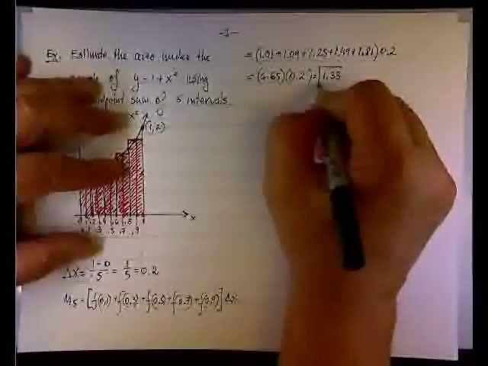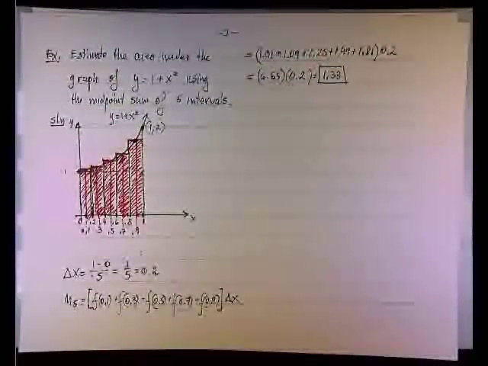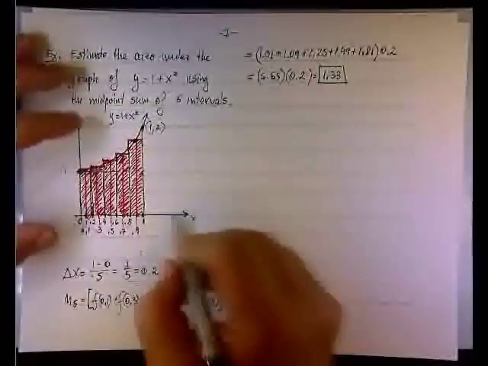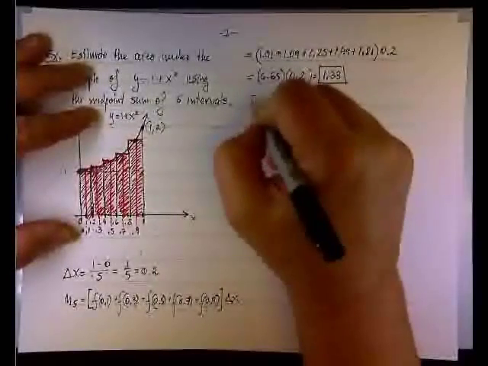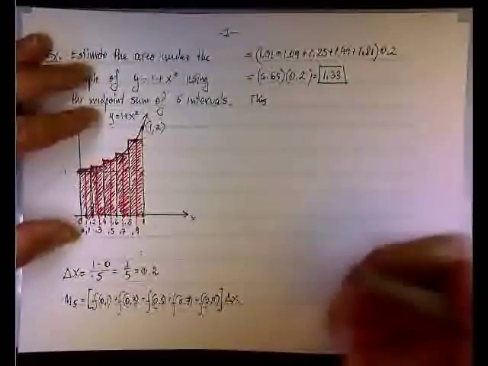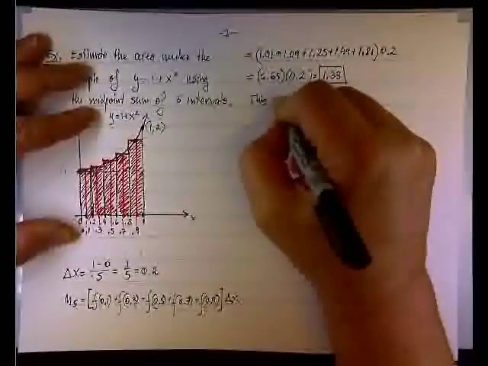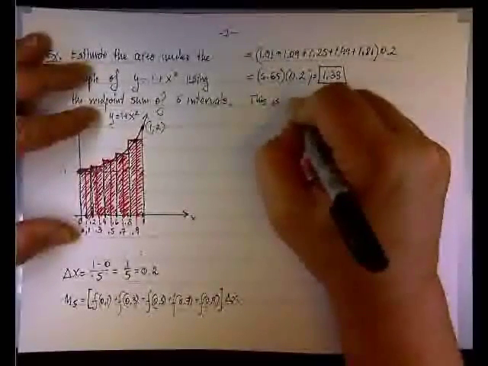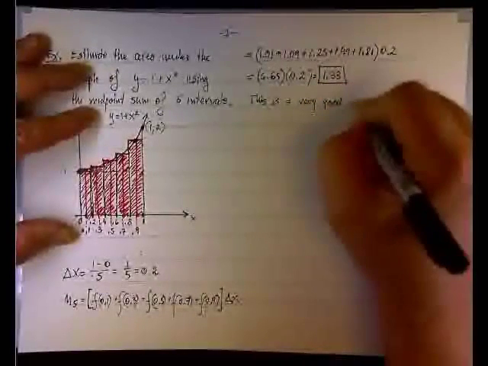Okay, there is exact. Now, this is a very, very good estimate, because if you consider the exact value will be 1 1/3, which is 4/3, which is 1.3 repeated. So we can write here, this is a very good estimate.